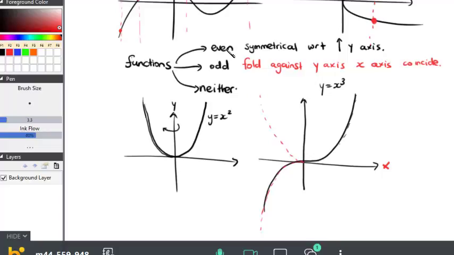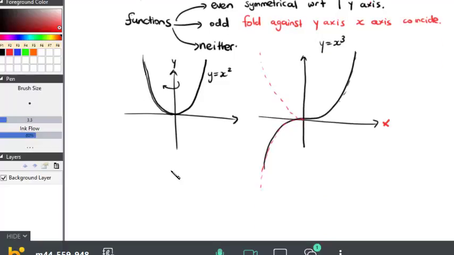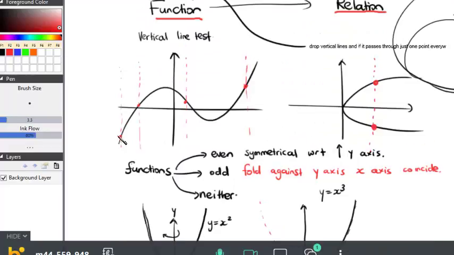Anything that's not even or odd is just neither. It's just a regular function, which is not even, not odd. An example of that could be something like what I gave you. If you fold this one to this side, I'm going to use maybe a different color. If I reflect this bit onto the other side, it'll look kind of like that, right?